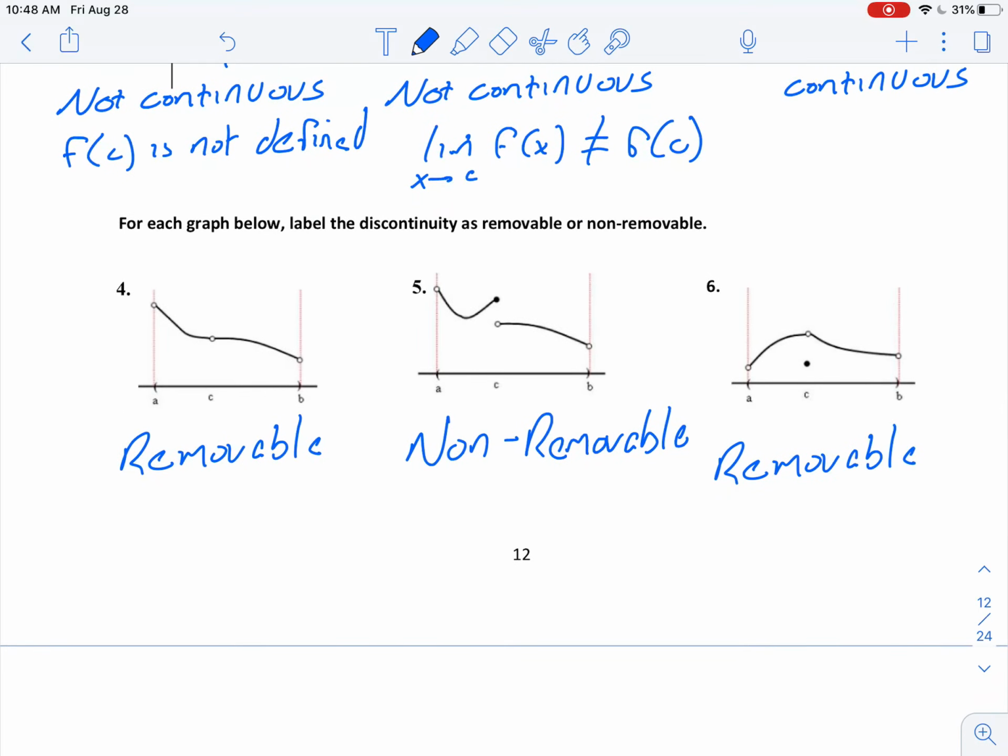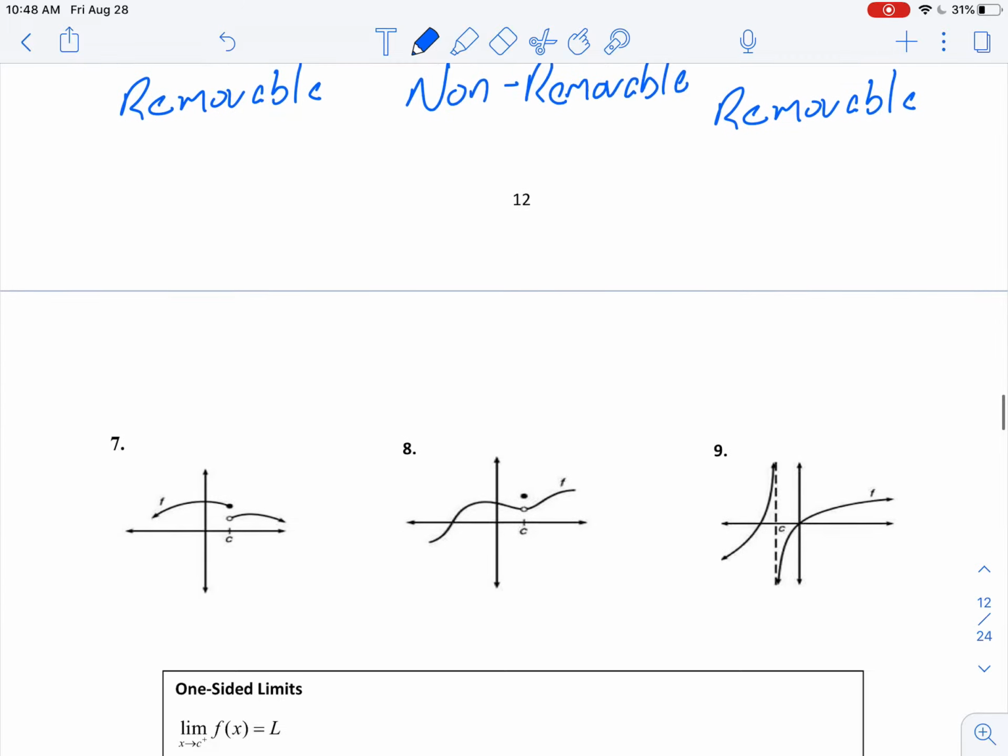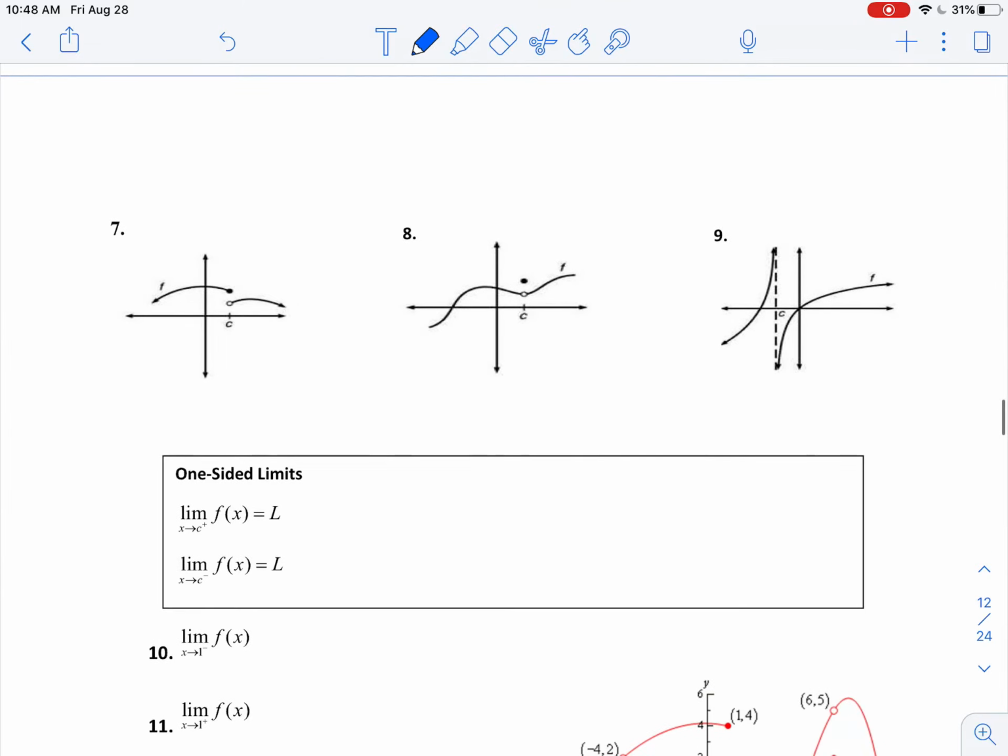So this is all kind of a little strange at first. Basically, continuity just shows existence, so it's just more of a conversation. Okay, here we go. 7, 8, 9. So hopefully you guys are thinking to yourself, number 7, non-removable.